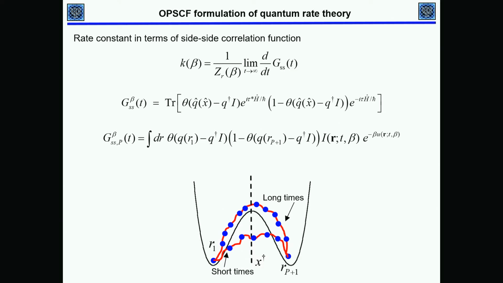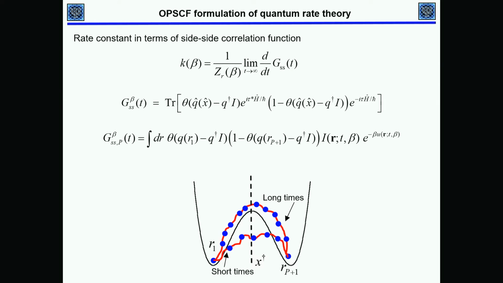So this is what you're looking for: an open chain that starts in the reactant well, and where the endpoint goes to the product well at the end. That would be a reactive contribution to your side-side correlation function.